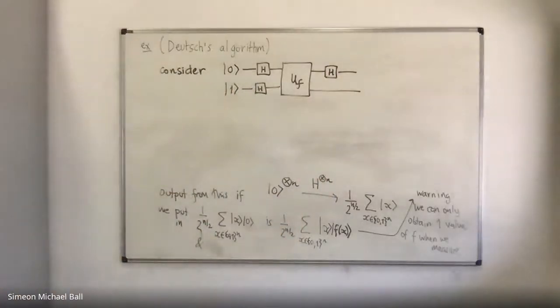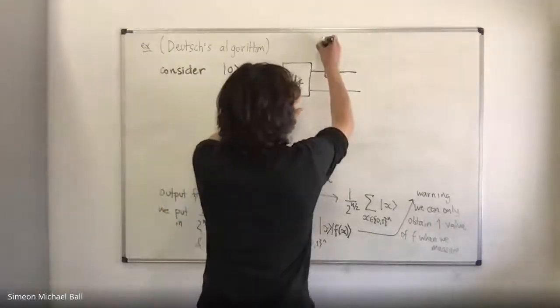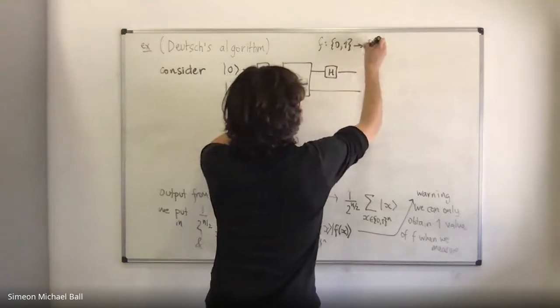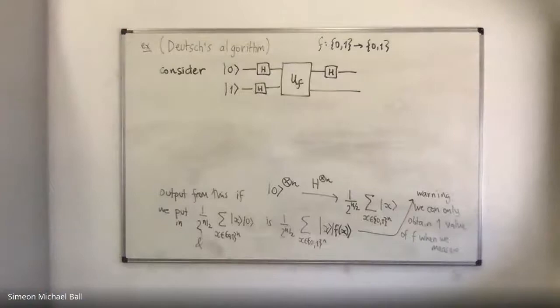Okay, so we're getting more and more used to calculating quantum circuits. That's good. So this f now is again just a function from 0, 1 to 0, 1. Right, well, let's see what happens.